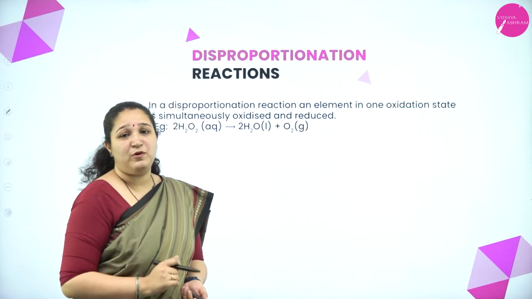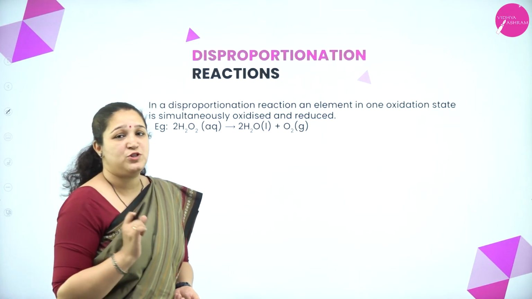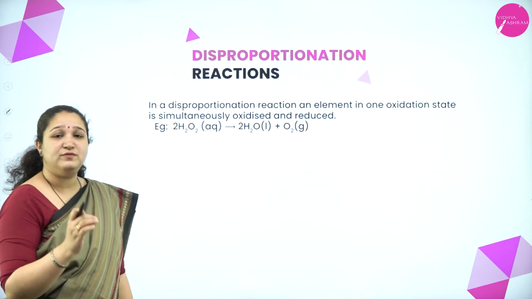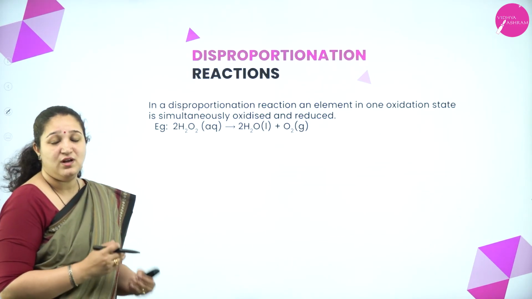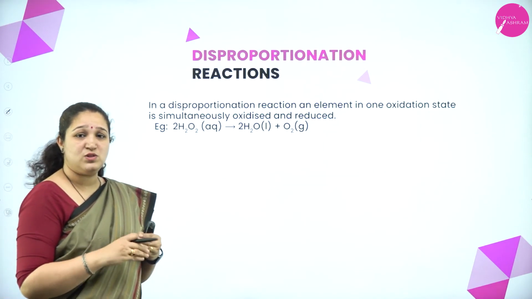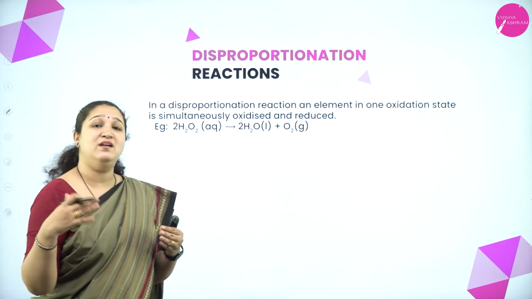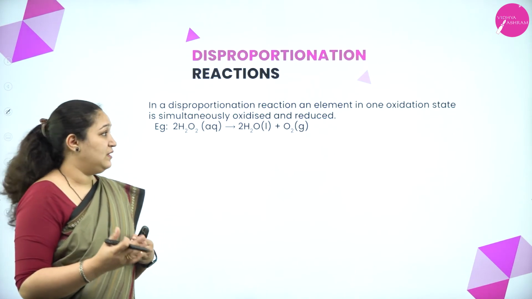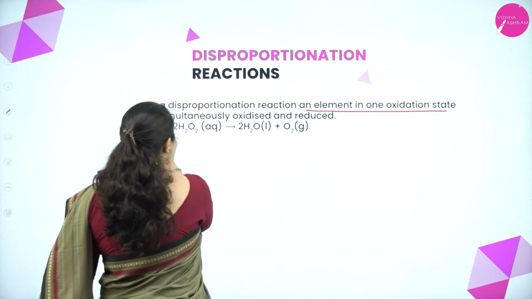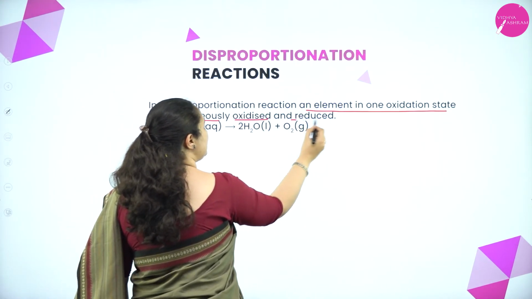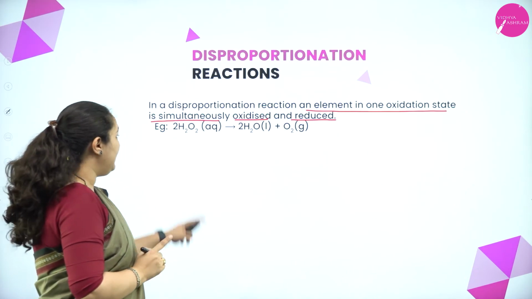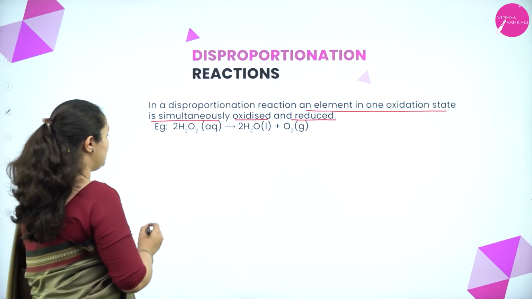The last type of reaction is disproportionation reaction. Now what exactly is the meaning of disproportionation reaction? It is when one of the elements undergoes oxidation and reduction simultaneously. That is, you can see an element in one oxidation state is simultaneously oxidized and reduced. Okay. We'll take an example of hydrogen peroxide.